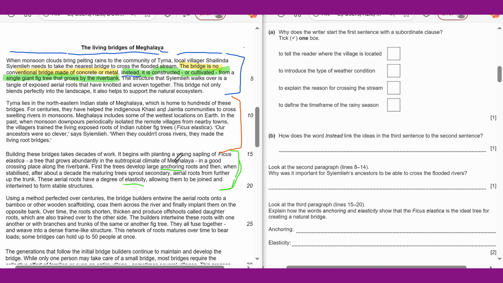Okay, these are the two words, anchoring, elasticity. You got your answer, guys? Let's check it out then.